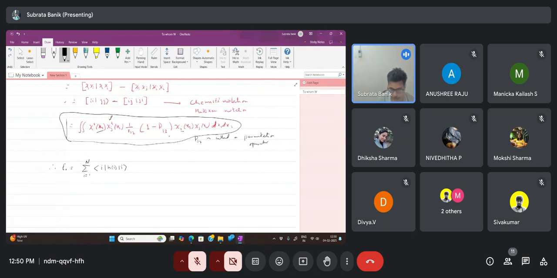Last class we derived this, and this we are going to make as 1 by 2 sum over I, sum over j, I have I j, a minus I j, right? This is a Coulomb term, this is the exchange term.